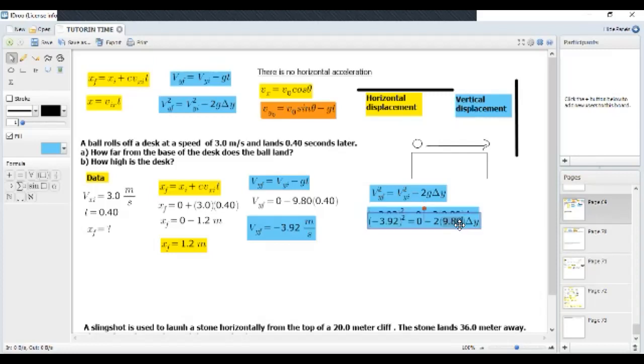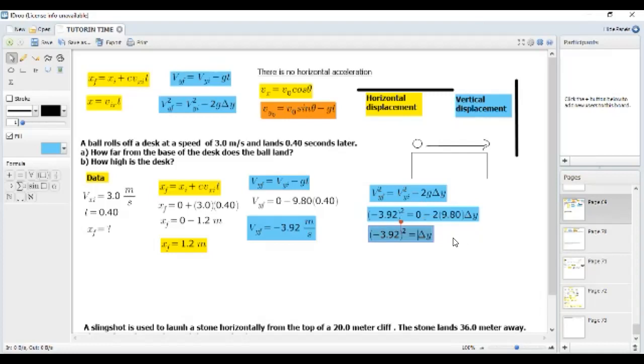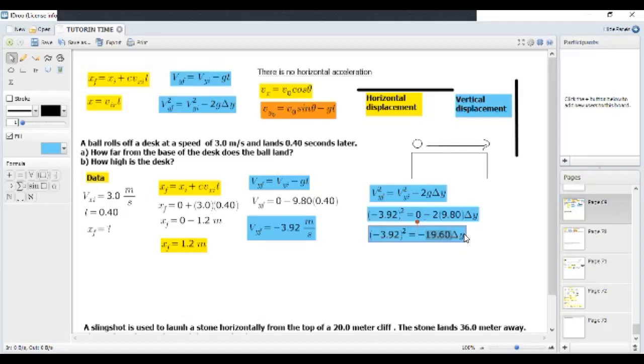So now, as you can see here, 0 minus 2 times 9.80, the 0 we eliminate basically. And then you are going to get 2 multiplied by 9.80. So once you multiply that, 2 times 9.80 meters per second squared is going to be negative 19.60 meters per second squared. And then you need to eliminate.